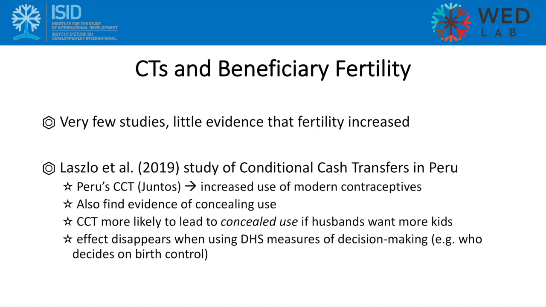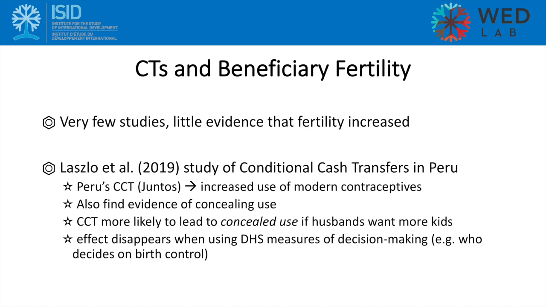This is already a good sign and goes against that concern. Second, they're more likely to switch from traditional forms of birth control to modern forms, which are more effective. And very interestingly, we also find that conditional cash transfers are more likely to lead to women concealing the fact that they're using birth control from a husband who wants a larger family size than she does.